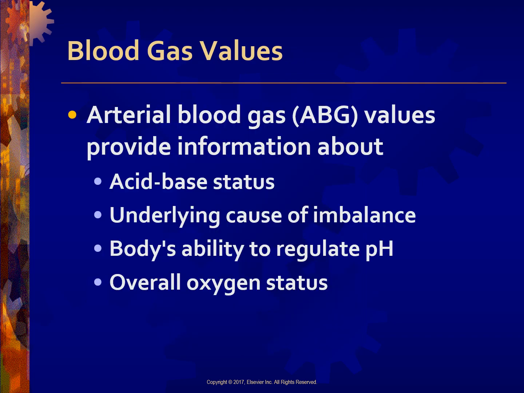So arterial blood gases are going to provide objective information about a patient's acid-base status, the underlying cause of an imbalance, the body's ability to regulate the pH, and the patient's overall oxygen status. Knowledge of the patient's clinical situation and the physiologic extent of the renal and respiratory compensation allows you to identify an acid-base disorder as well as the patient's ability to compensate.